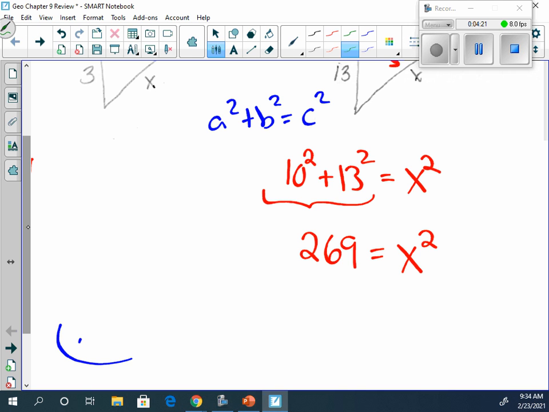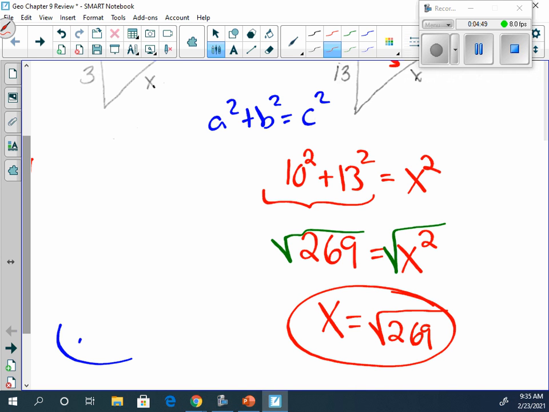Now again, just like the one before, to get x by itself, we do have to take the square root of both sides. And when I take the square root of both sides, the square root of x squared gives me x. Now again, we can type the square root of 269 into the calculator, and the TI-30XS will give us the square root of 269.